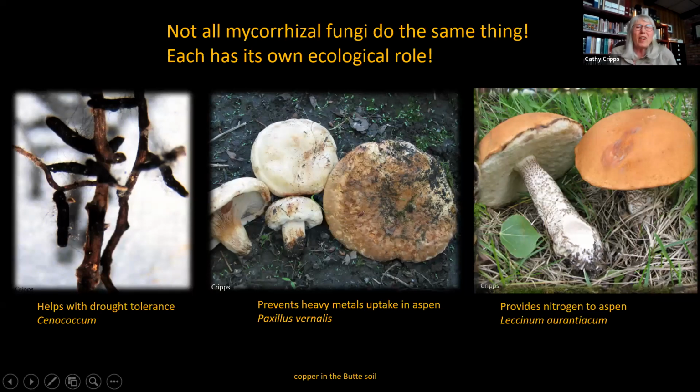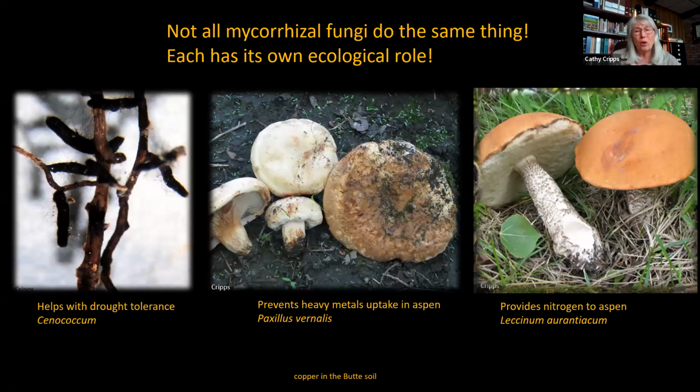So why so many different kinds of fungi? Well, not all mycorrhizal fungi do the same thing. They do have that basic functioning of getting carbon from the plant and feeding it nutrients and fertilizing it. But different fungi have different specialties. Cenococcum helps with drought tolerance. Paxillus prevents heavy metal uptake in aspen. We saw a lot of this on the Butte site. There's a lot of copper in the Butte soils, as you might imagine.